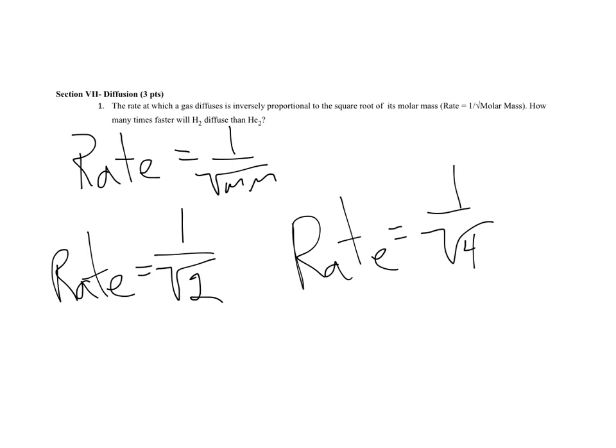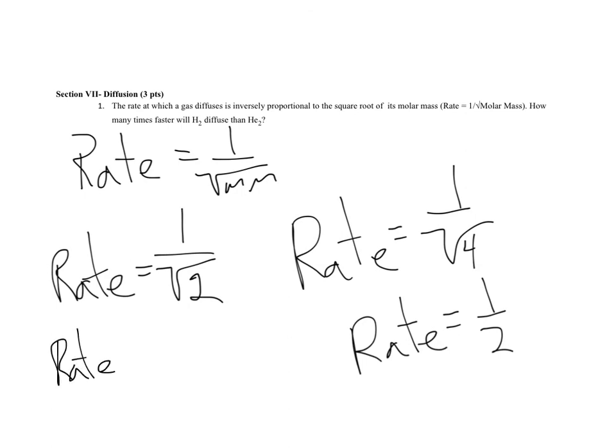So you've got 1 over the square root of 2, and you've got 1 over the square root of 4. Well, 1 over the square root of 4, we know that, that's easy, that's 1/2. And the square root of 2 is 1.4. So really we've got, what's 1 divided by 1.4?